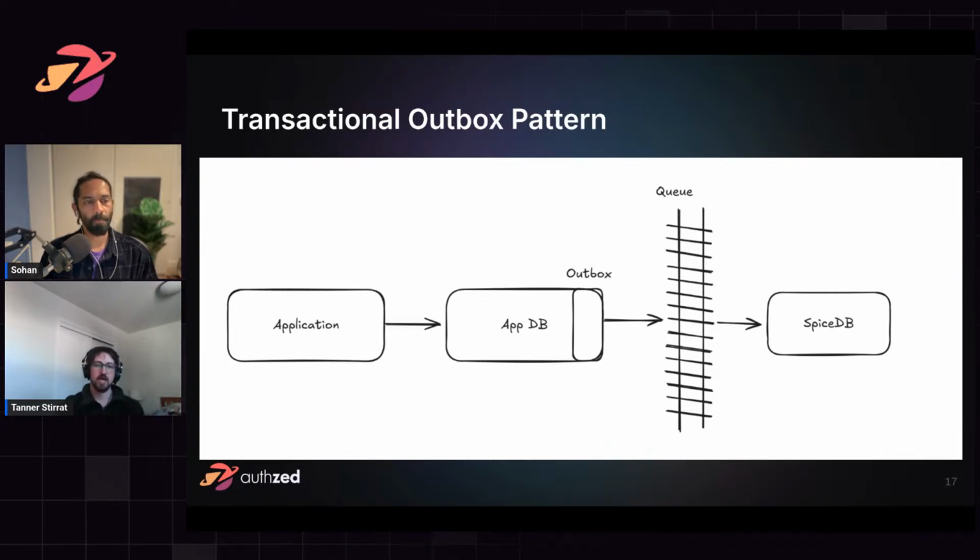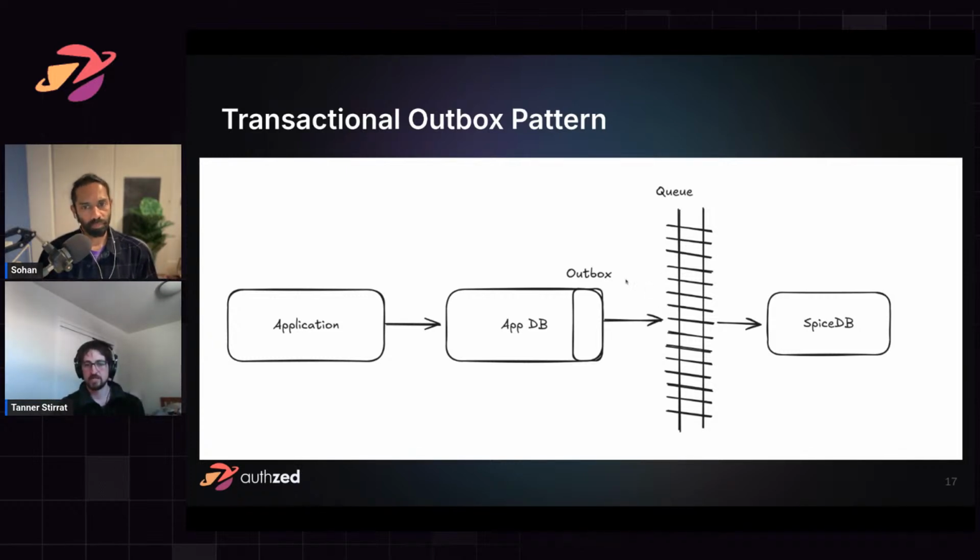We had our application talking to the application database. We had a bespoke library that would help with writing events to an outbox table. So when you made a change to an object in the application database, this wrapper would package up a write to the application database that changes a row with a write to the outbox table that includes what changed and the new view of whatever that object was.